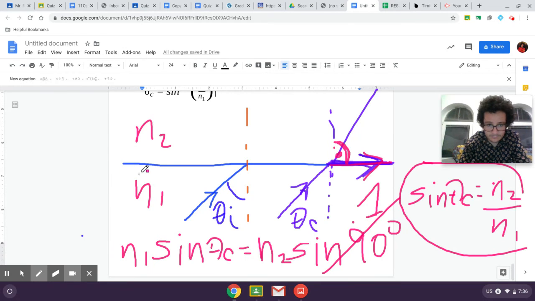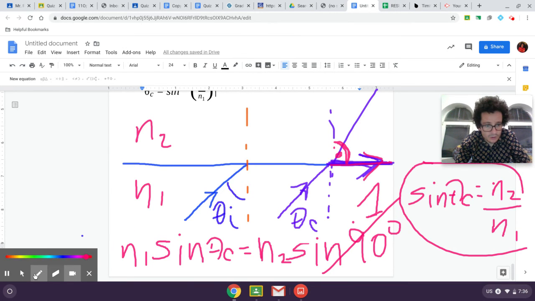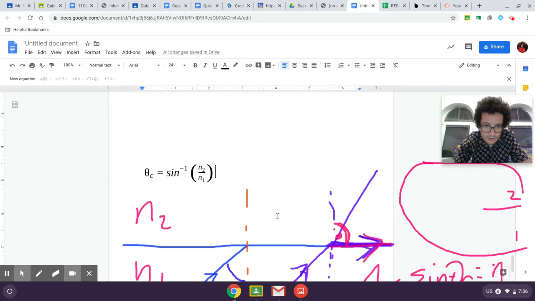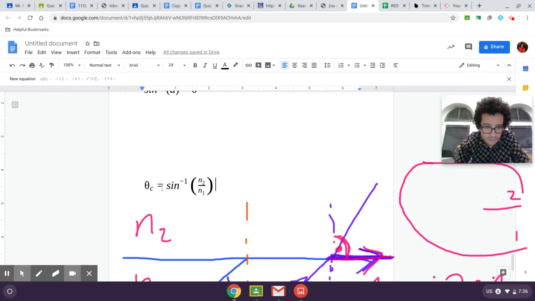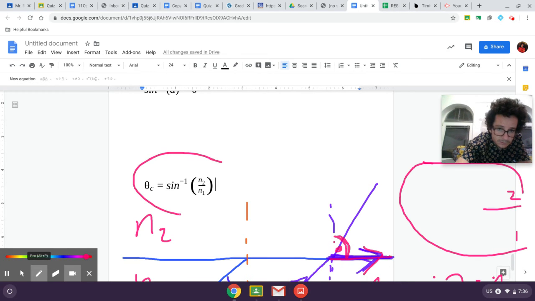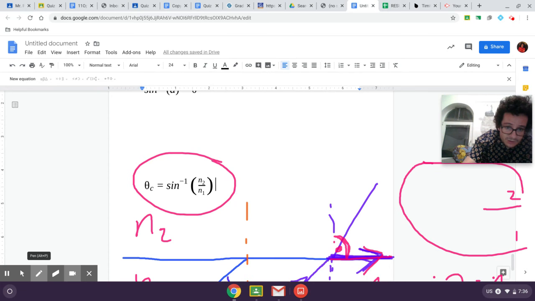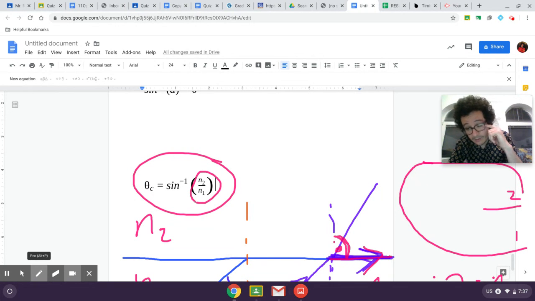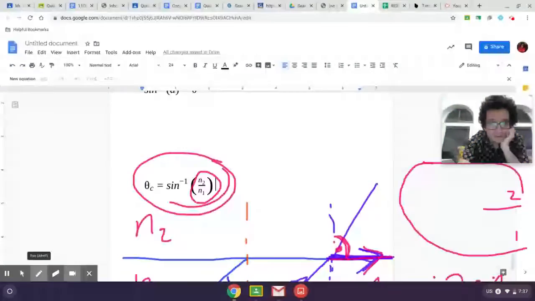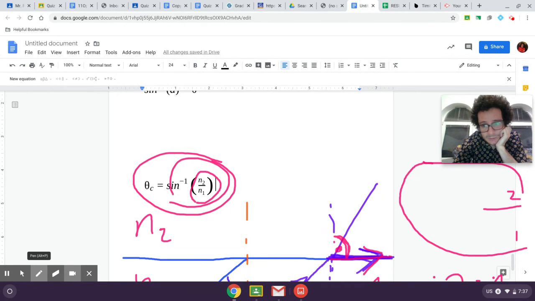Okay. So if we apply the reverse function to this, we're going to get this expression here. Okay. So that's all. It's very easy to calculate the critical angle, because you just need to know the index of refractions that normally you have, and you don't need any more. You just need to apply this sinus to the minus 1 to that expression.